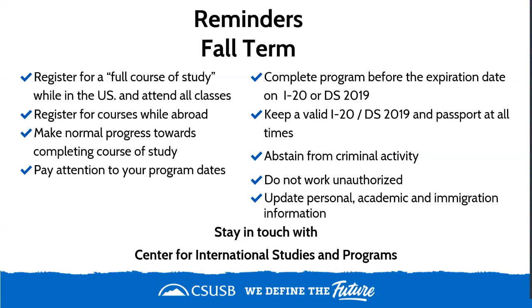Keep a valid I-20 and DS-2019 as well as a passport at all times. Abstain from criminal activity. Do not work unauthorized. And update your personal, academic, and immigration information with us regularly. This allows us to help you maintain your status.